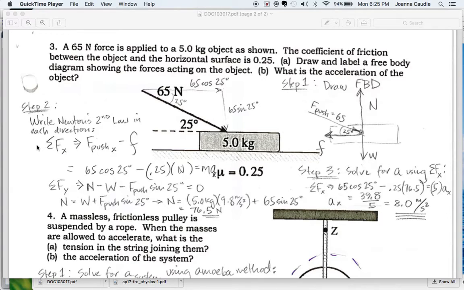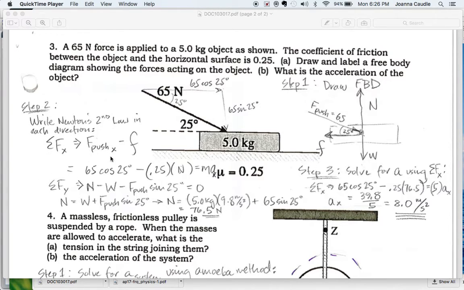So if you come over here to step 2, you can see the next step after the free body diagram in any force problem is to write the Newton's second law equation. Because I have to look at forces acting in both directions, in other words, I need to know what the normal force is in order to find the friction force, I've written the second law equations in each direction.